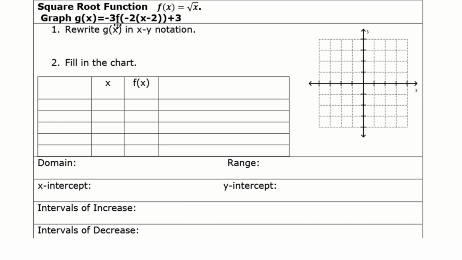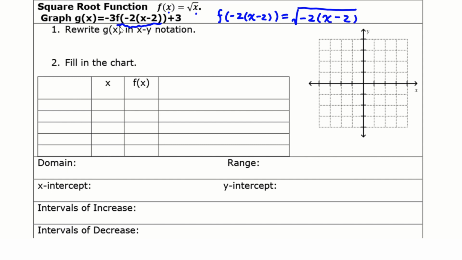So this part, whatever is after the function's name, is the input. So what we are going to do is replace x with this input. So function f of this input, we sub in for x: we just replace x with the input, negative 2 bracket x minus 2.